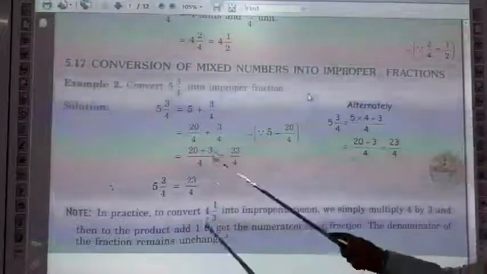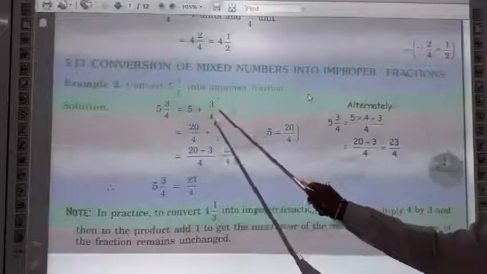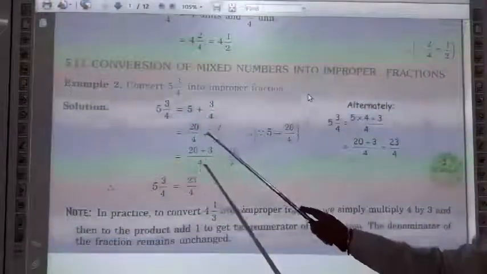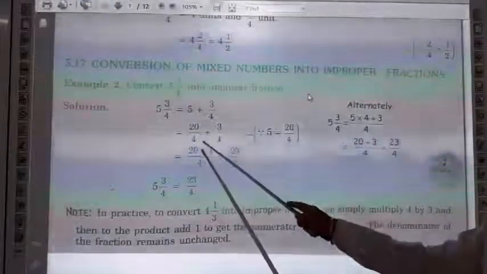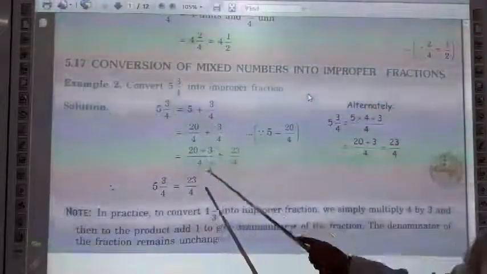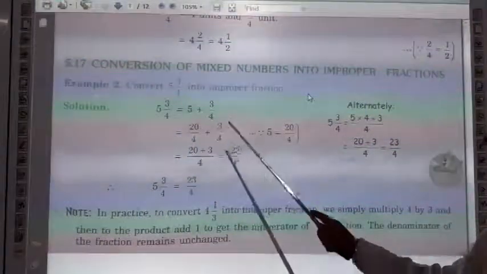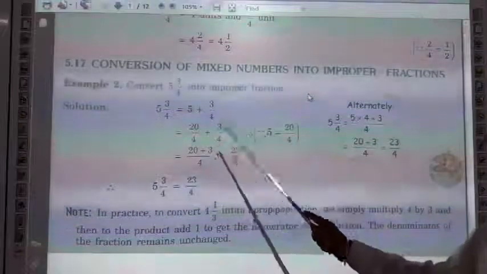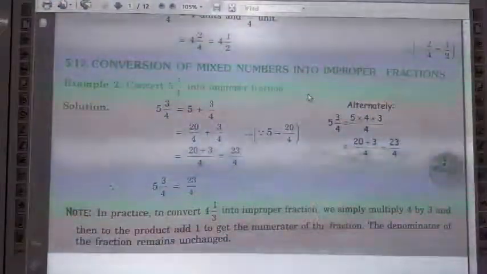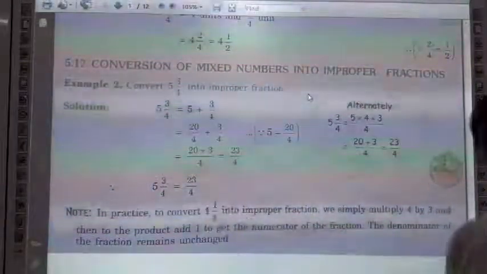Solution: 5 3/4 is equal to 5 plus 3/4. 4 is the LCM. 5 fours are 20, so 20/4 plus 3/4. LCM is 4. 4 ones are 4. 20 ones are 20 plus 4 ones are 4. 3 ones are 3. 20 plus 3 is equal to 23/4. Now 5 3/4 is equal to 23/4.